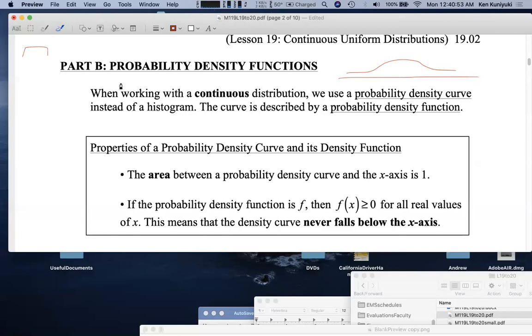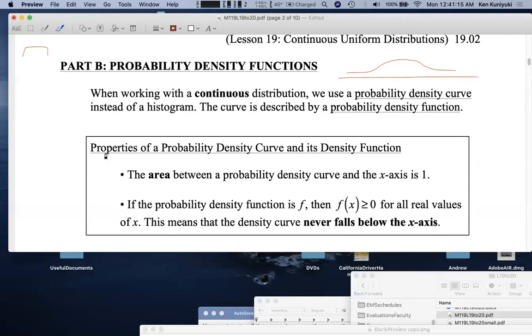In part B, we'll talk about probability density functions. When working with a continuous distribution, we use a probability density curve, such as this bell curve over here, or this flat top guy over here, instead of a histogram. The curve here is called a probability density function, or it represents a probability density function.